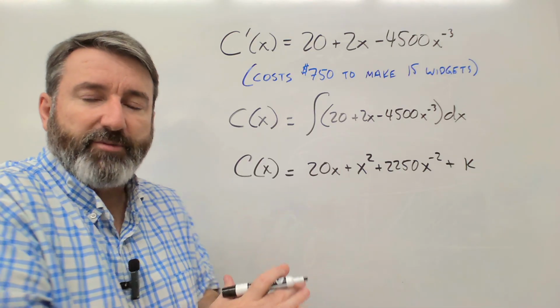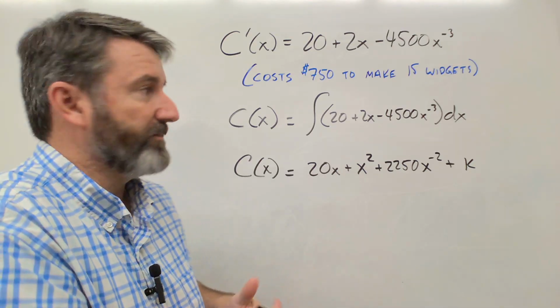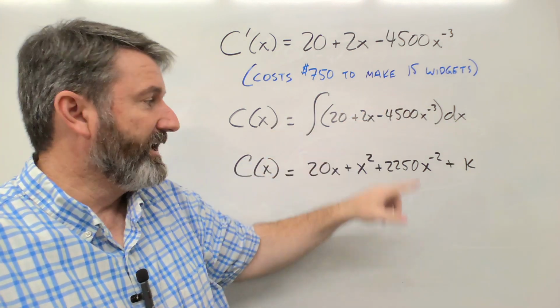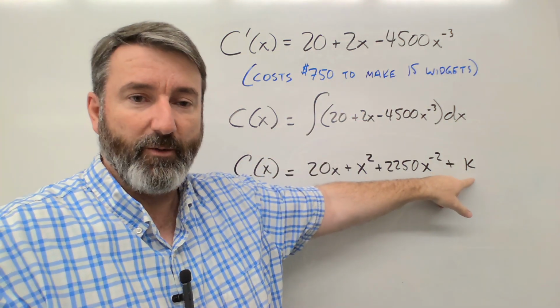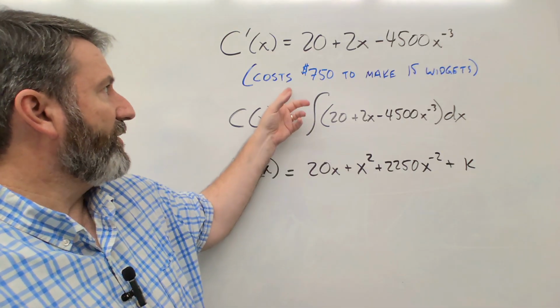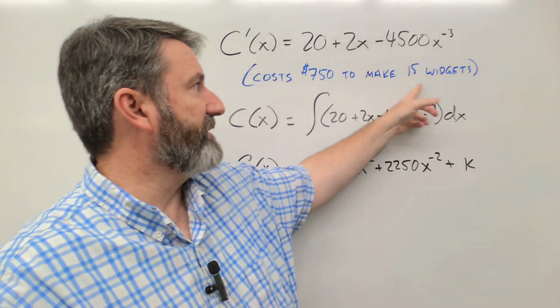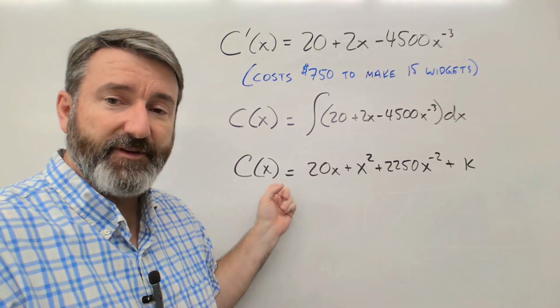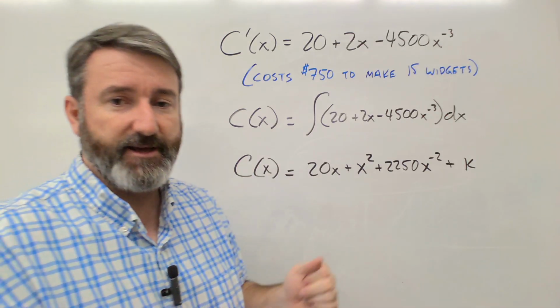And these are the types of problems that we call initial value problems, where we're given some other little bit of information that's going to allow us to figure out what that constant is. So we're told that it costs $750 to make 15 widgets. So C of 15, when x is 15, our cost is $750.